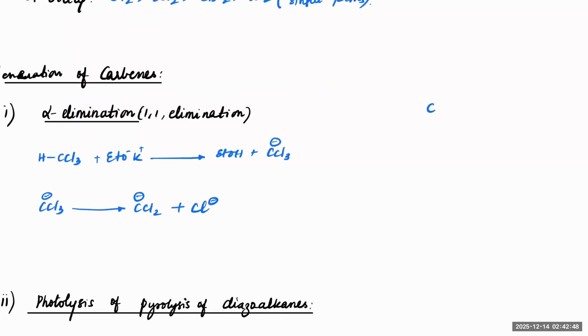You can check out why it is unstable. See, the lone pair is here, and then we have three chlorine groups that are very close to each other, and that's why there is a relatively strong repulsion between them.